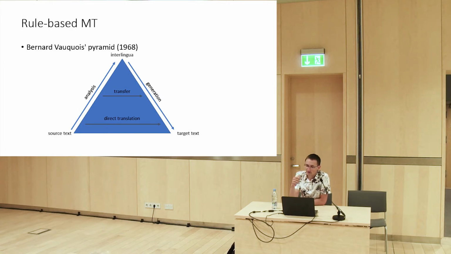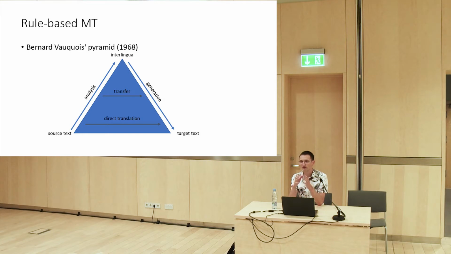And therefore, and because creating rules is actually very time-consuming, researchers also quickly started to realize that interlingua-based machine translation systems could be a better solution, where instead of creating transfer rules from a source language into a target language, we first create transfer rules from the source language to an interlingua, and then from that interlingua we have to have transfer rules to the target language.